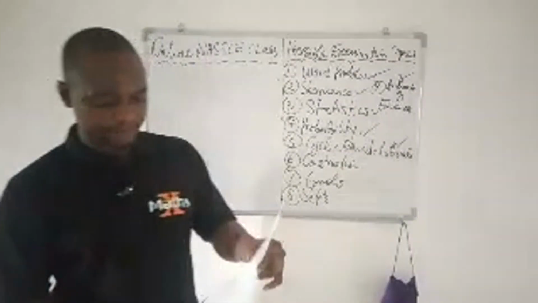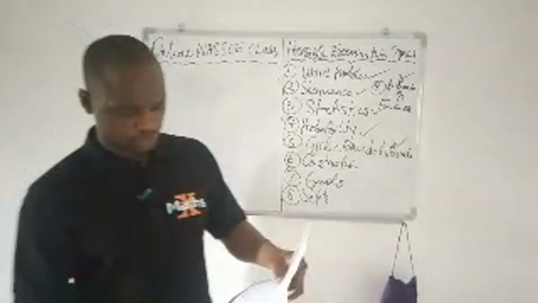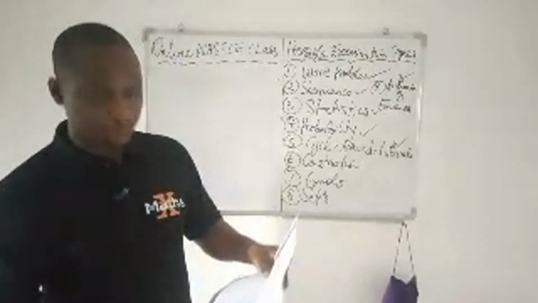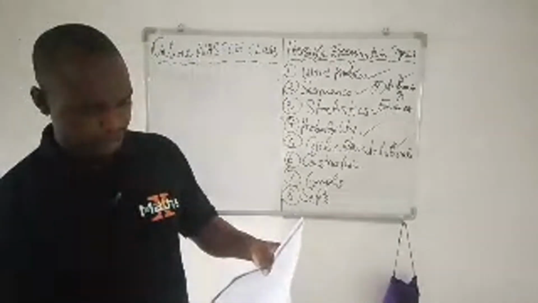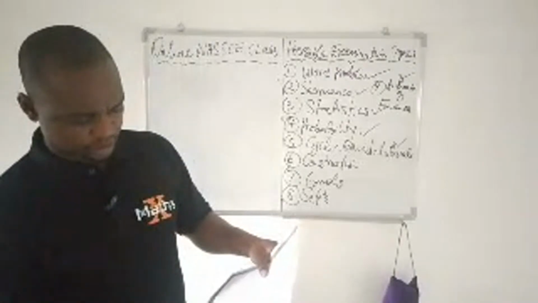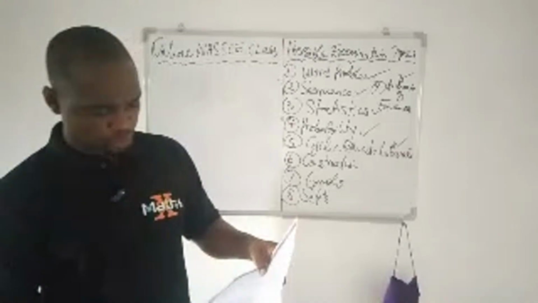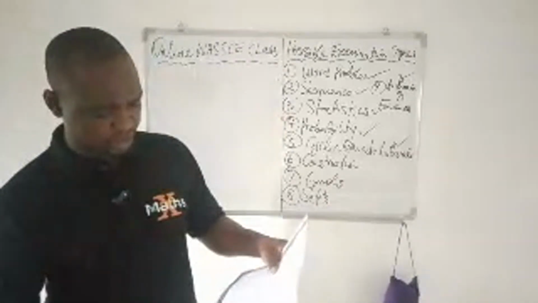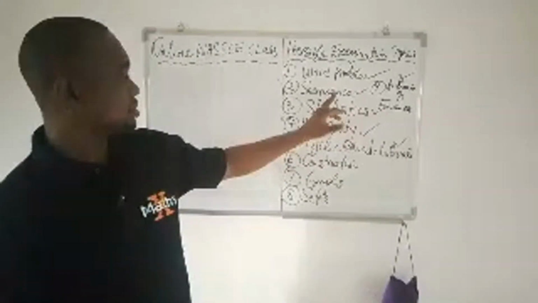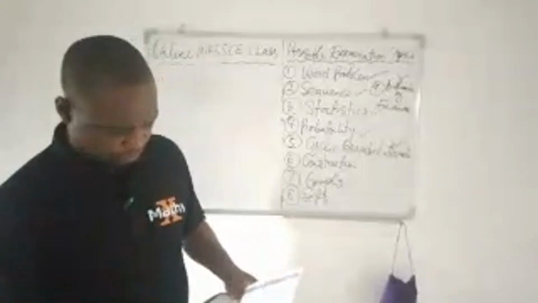Number 1A: given that 7 minus 2x, 9, and 5x plus 17 are consecutive terms of a geometric progression. That is sequence, geometric progression.